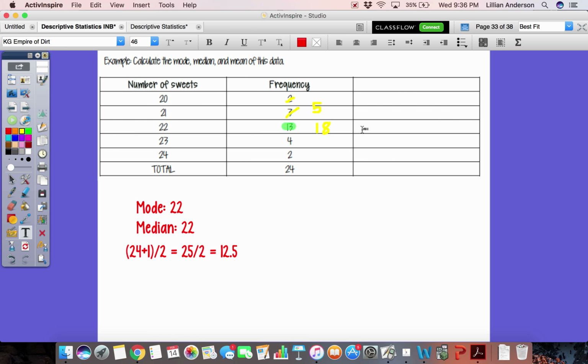Now for the mean. The first step is to multiply your entries by your frequencies. So our entries were 20, 21, 22, 23, 24, and our frequencies are here as follows.